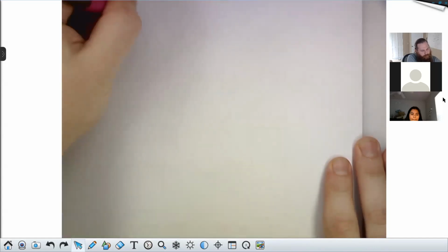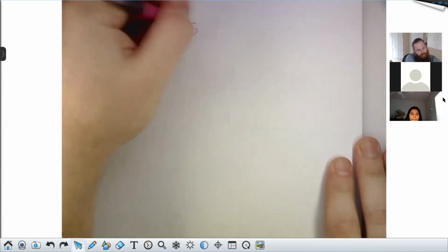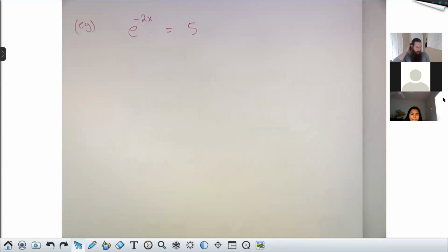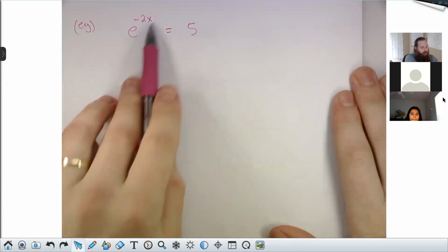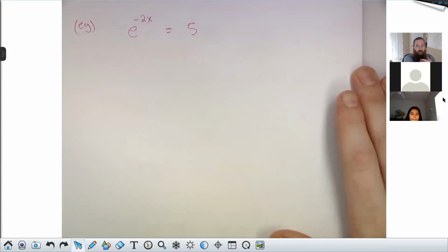Let's solve a natural exponential equation. So next time we're going to talk about how to solve logarithm equations, and we'll talk about that other operation. But for now, if I want to get my variable down out of this exponent, just like the previous 2 examples, we need to take a logarithm.